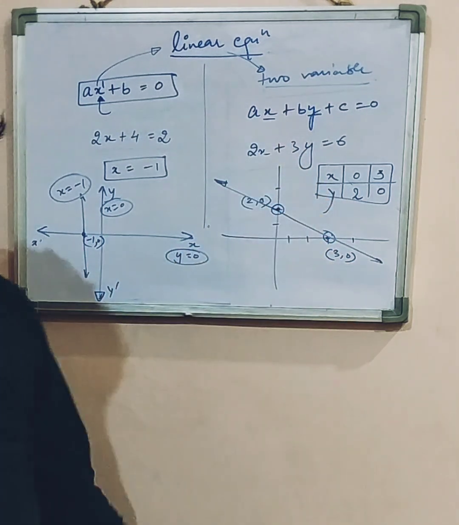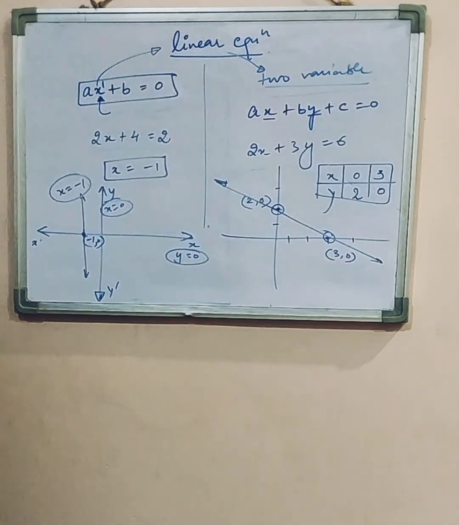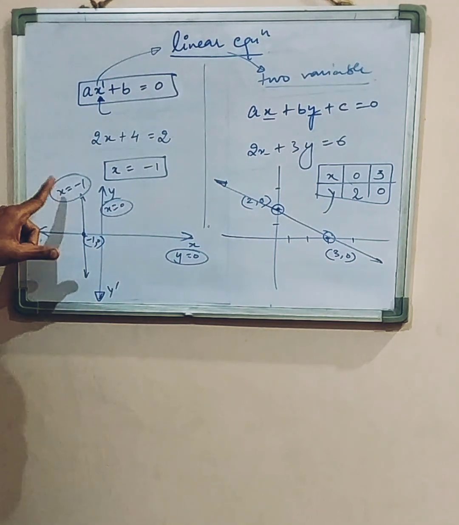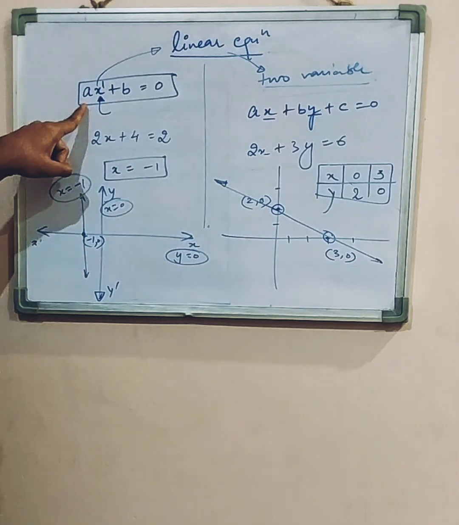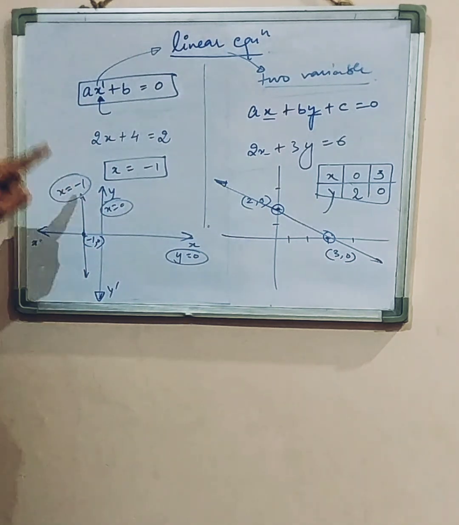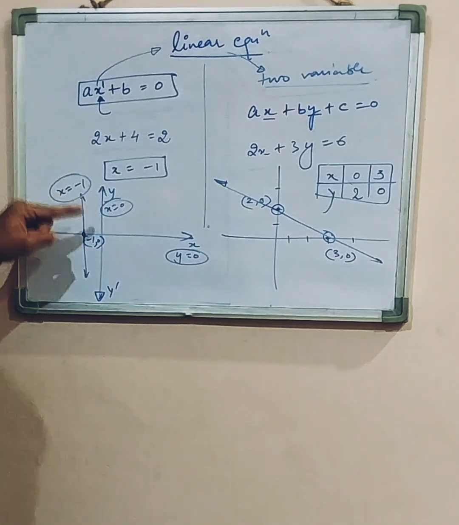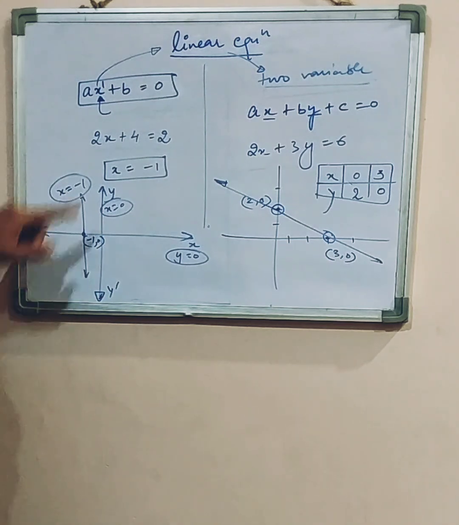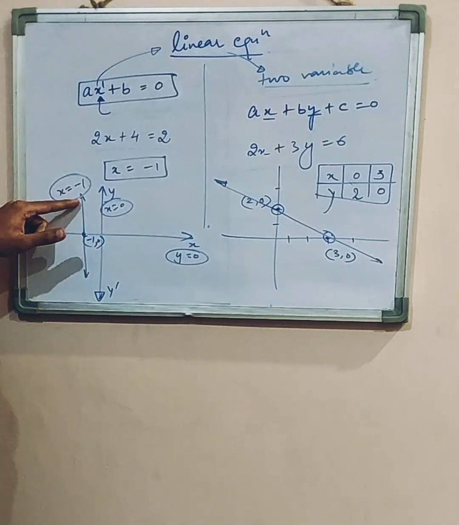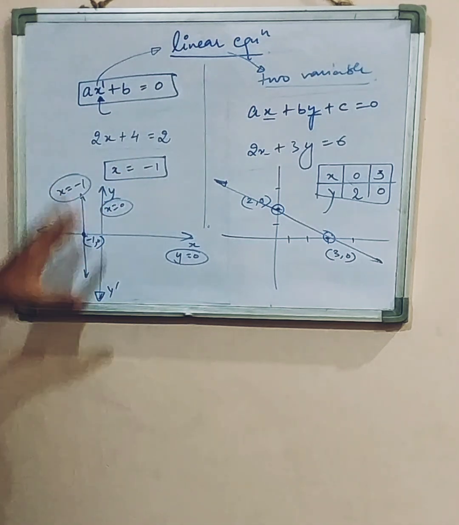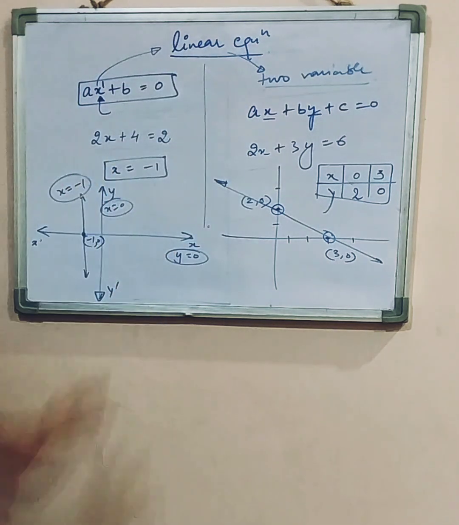For any straight line, infinitely many solutions exist, only for one equation I'm talking about. Similarly, in one variable, on this line there are infinite points which satisfy this equation, so infinite solutions exist. I hope this is clear to you, right?